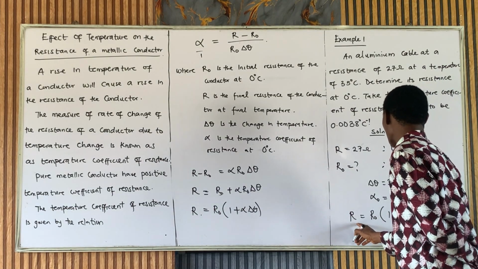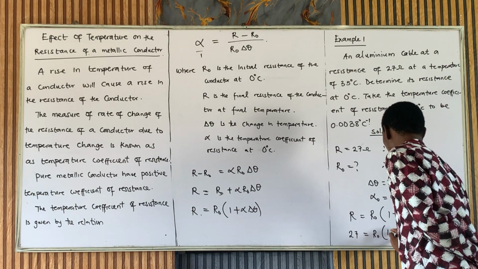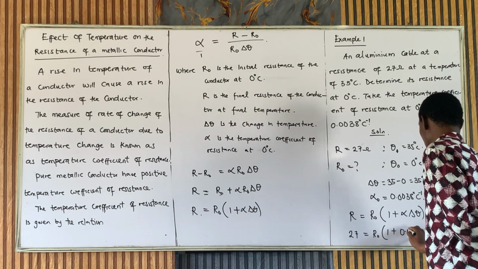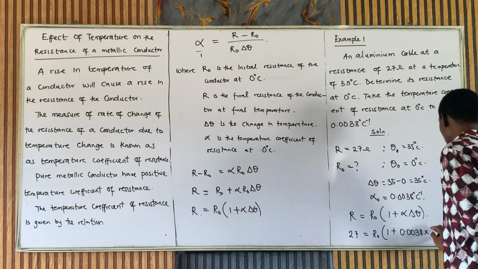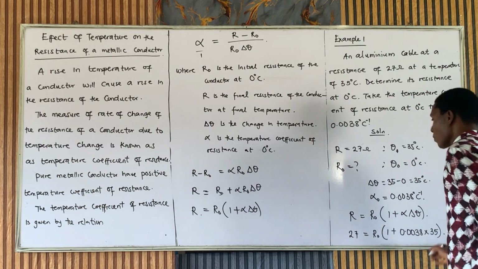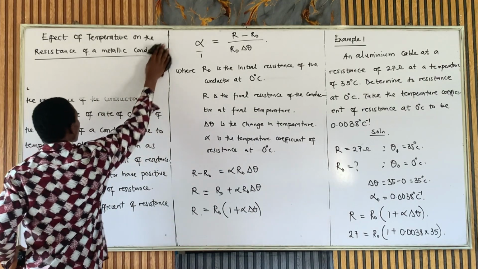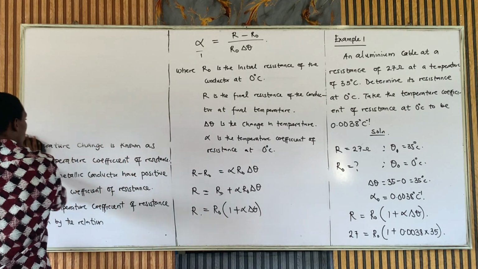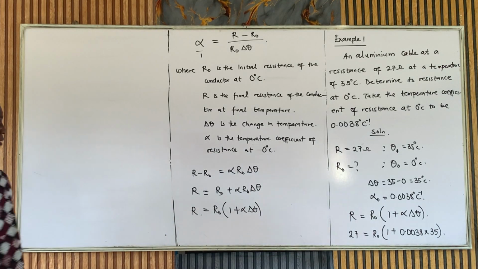So 27 is equal to R naught into bracket 1 plus 0.0038 times change in temperature 35. So let's multiply that now.